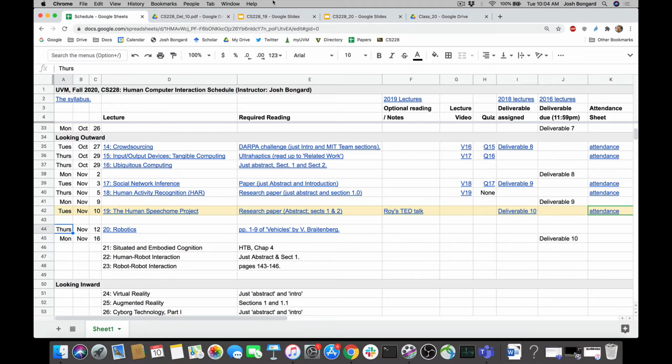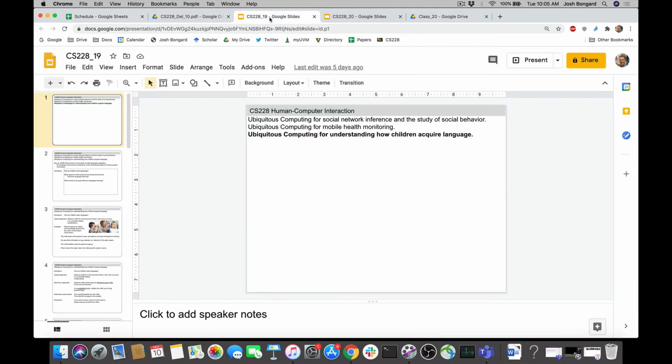But before we get there, back to the Human Speechome Project, which just as a reminder is this interesting application of ubiquitous computing inside the home of a researcher who's going to use this technology to study his young child and how this particular young child acquires language. And this is clearly a very different way of coming at the problem of understanding how young children acquire language, because it is not being done in a laboratory setting.